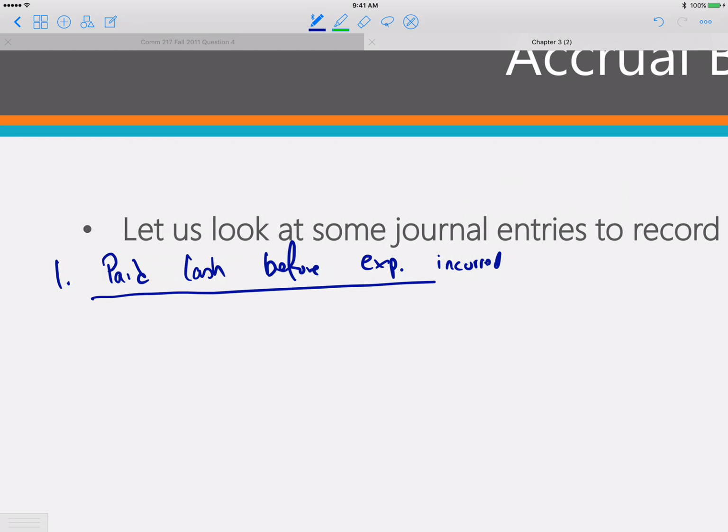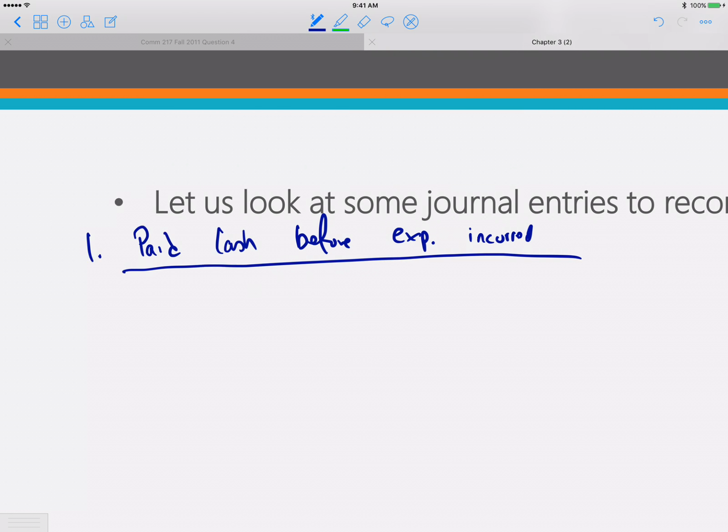So the perfect example for this is a prepayment, right? Let's say prepaid rent. If you paid rent in advance for a year. So let's say we paid for rent, right? So we're going to debit prepaid rent. And this is an increase in assets.